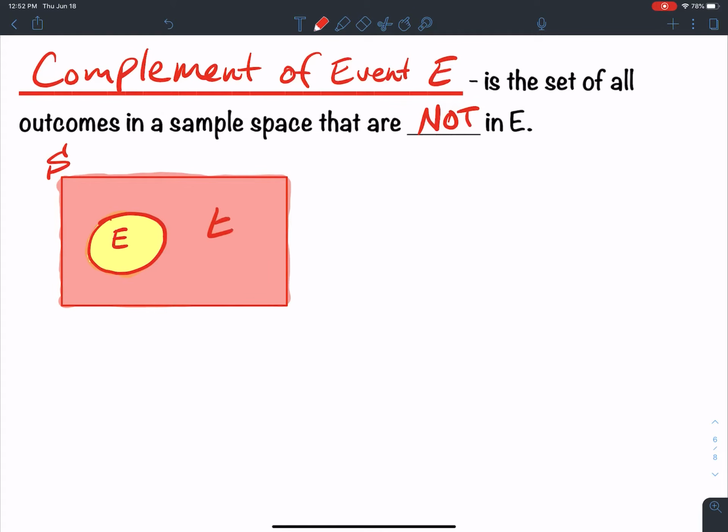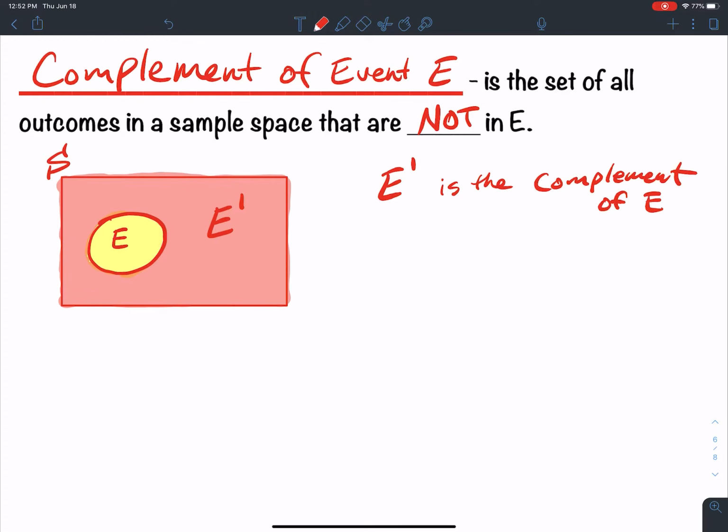So we denote this by E prime, okay? So E prime is the complement of E, all right?